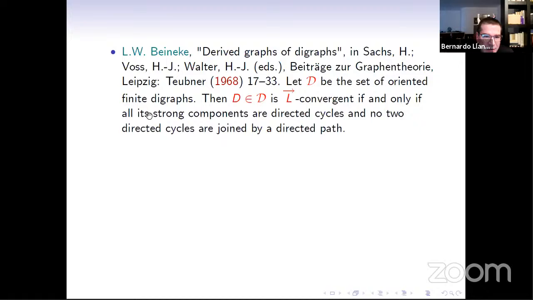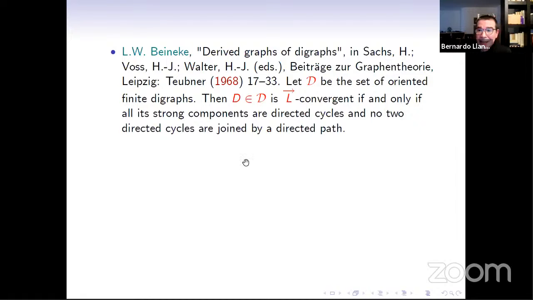For those that don't remember what a strong component is, it is easy: we say that a digraph is strongly connected, or strong, if between every pair of vertices you have a directed path.